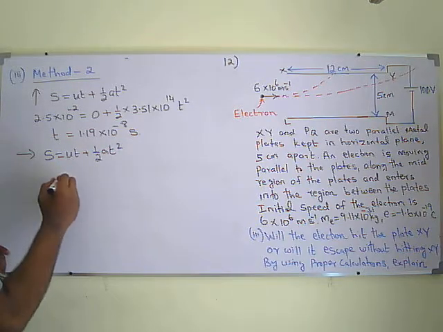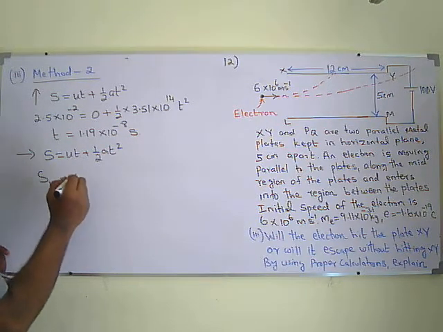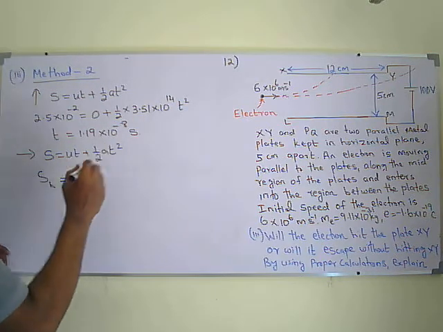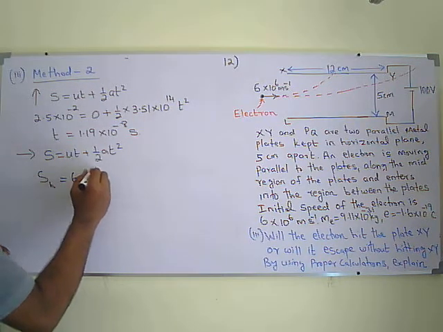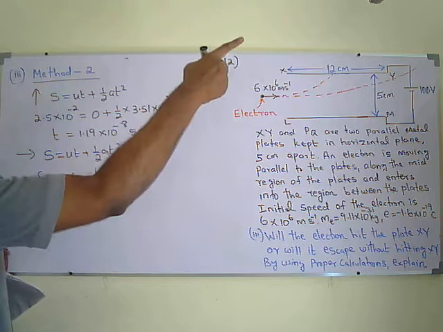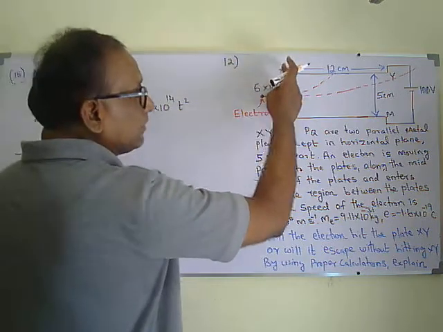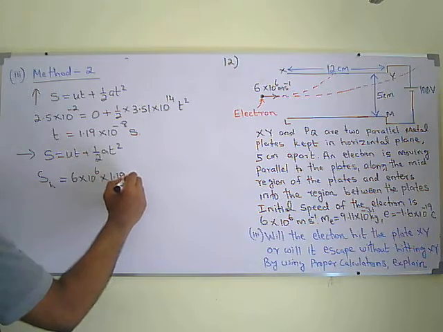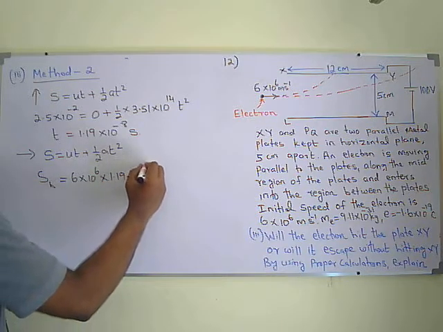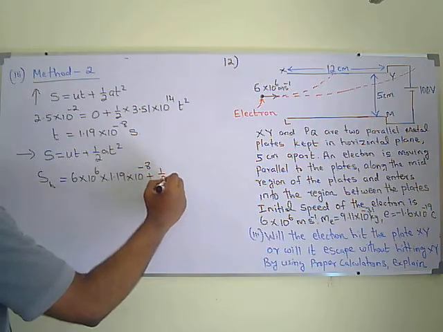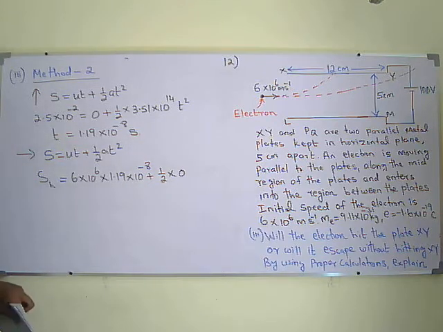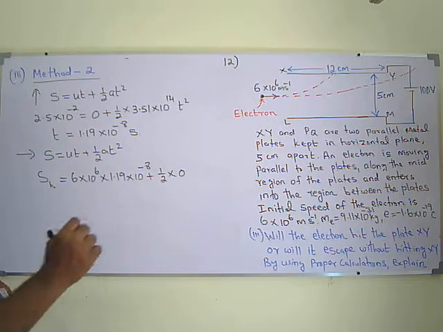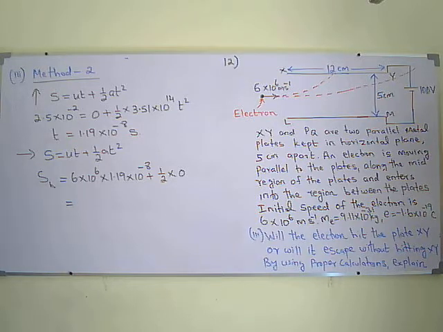That is the horizontal displacement, SH. The speed is 6 into 10 to the power 6, times the time to complete vertical motion of 2.5, 1.19 into 10 to the power minus 8, plus half, but horizontally no acceleration because there is no electric field in the horizontal direction.